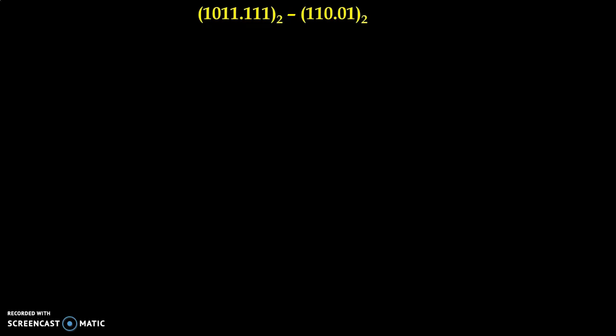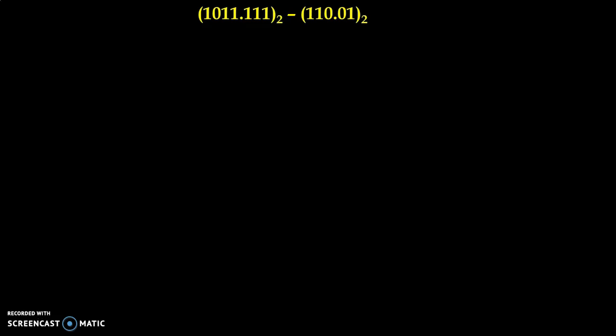Now the point of importance is that we have to match the fractional points, the radix point. Then on the integer side, we have to match at the least significant bit. And after the fractional point, for the fractional value, we have to match our bits on the most significant side, right?